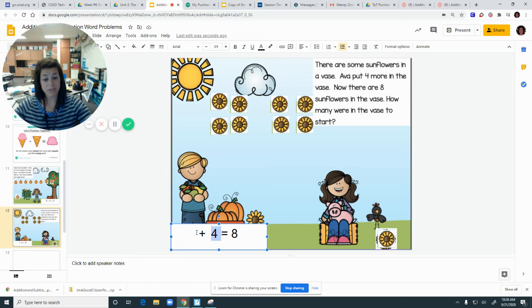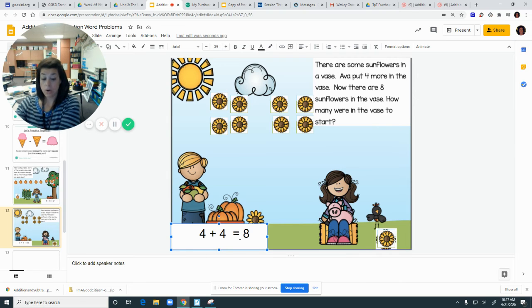I know that seems tricky, but that's okay. We can do this. So let's look over our number sentence and let's look over the problem again. There are some sunflowers in a vase. I didn't know how many. But Ava went outside and she grabbed 4 more and she put them in the vase. It then tells us that she's going to end with 8.